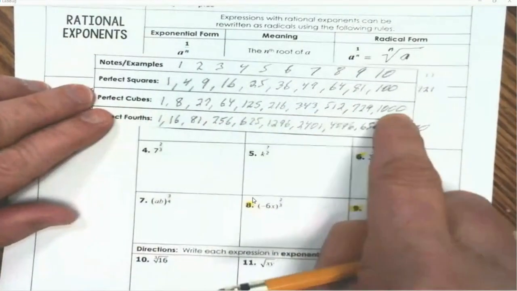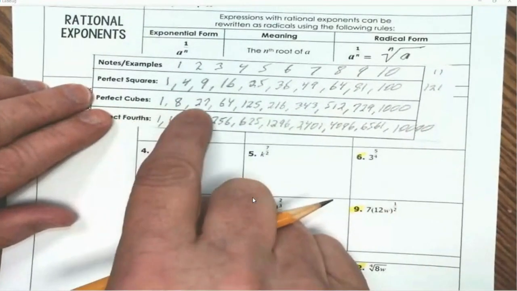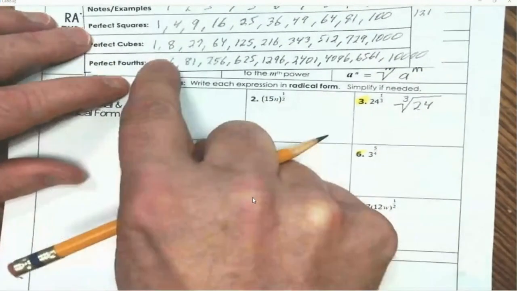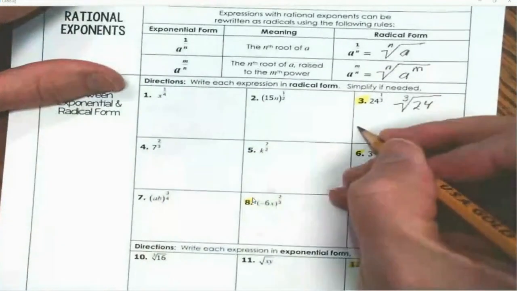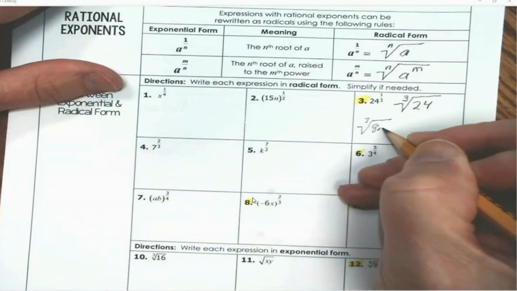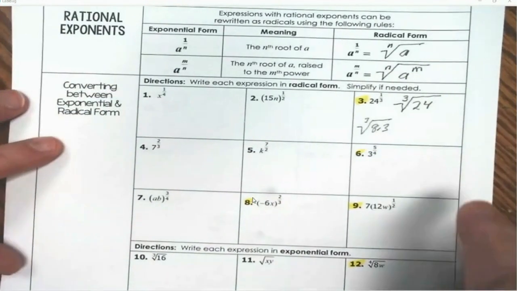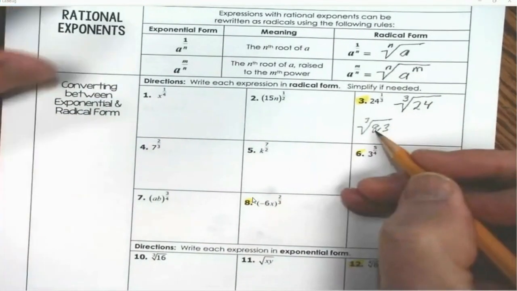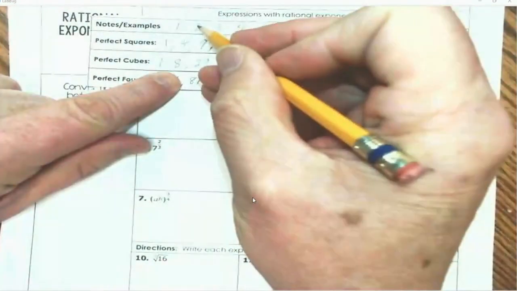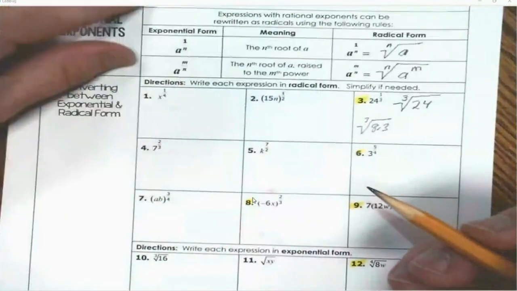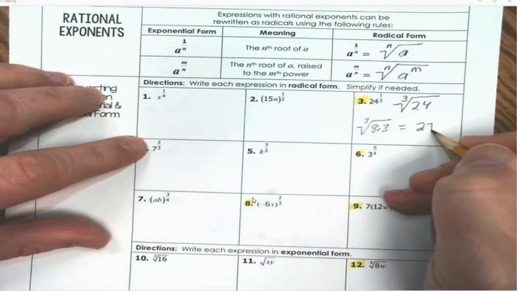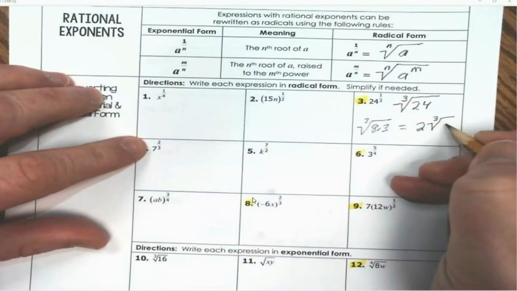These numbers are perfect cubes: 1, 8, 27, 64. So can we divide this by 8? Yes. That's the same thing as the cubed root of 8 times 3. 8 times 3 is 24. Since 8 is a perfect cube, that's 2 times 2 times 2. This is the same thing as 2 cubed root of 3.